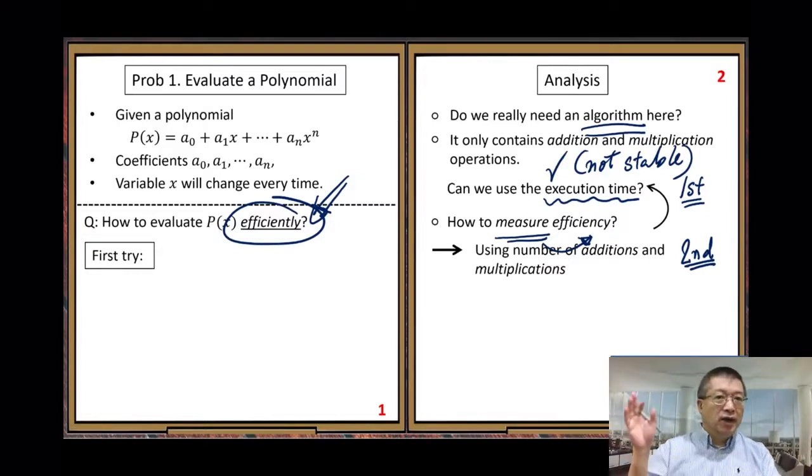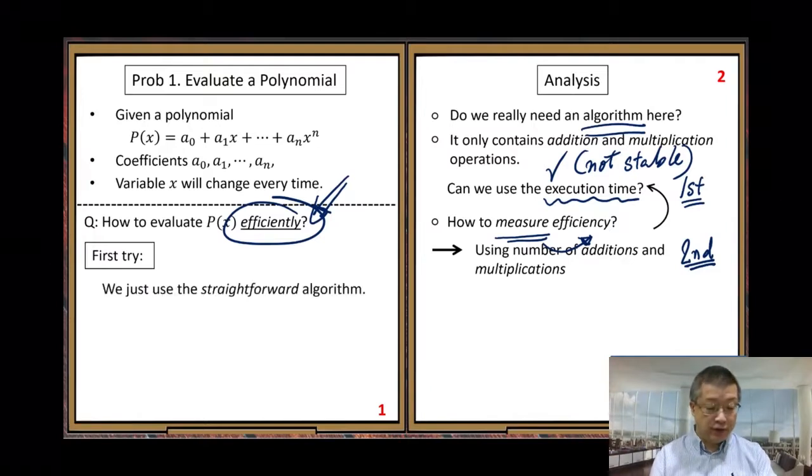All right. So now we try to solve this problem. Let's get a solution first. We just use the straightforward algorithm. So what do you mean straightforward?